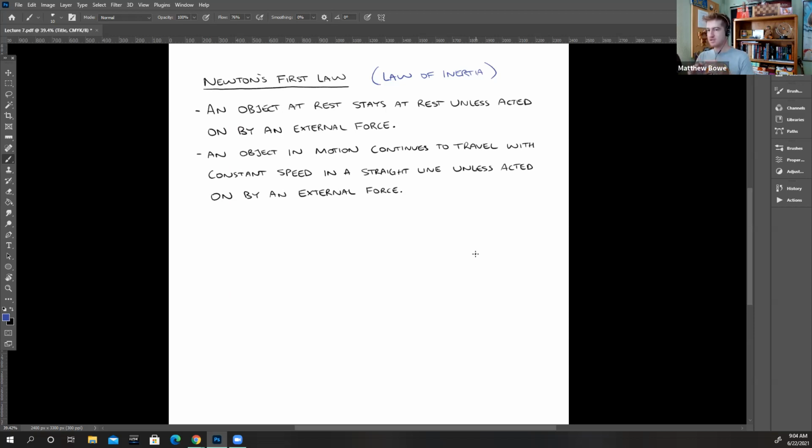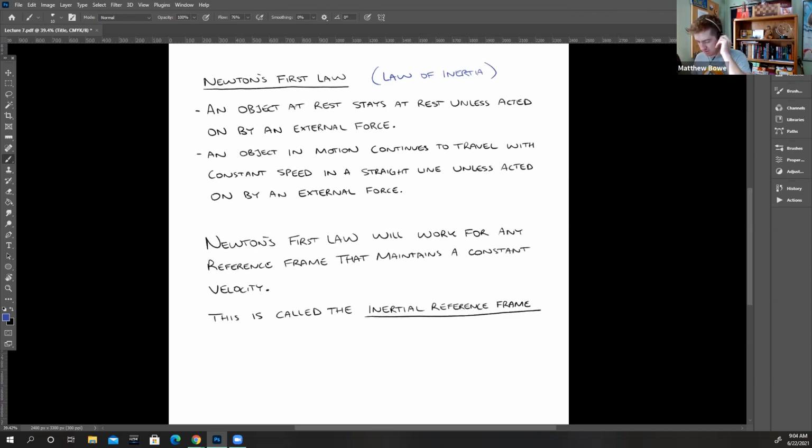How am I going to declare a law around something when there's a lot of factors going on? So that's where Newton needed to develop, and at least needed to clarify, what he's calling an inertial reference frame. So an inertial reference frame is something that is traveling at a constant velocity.